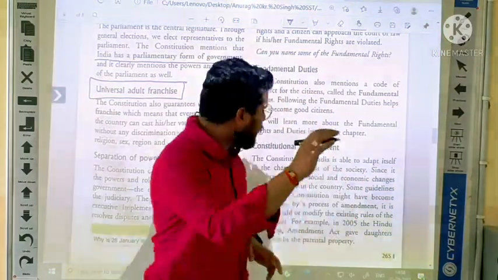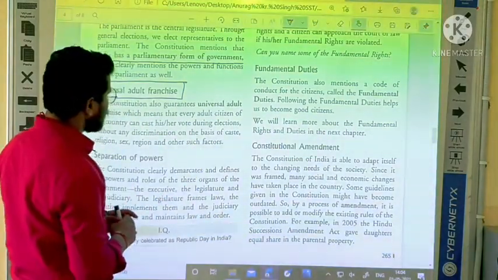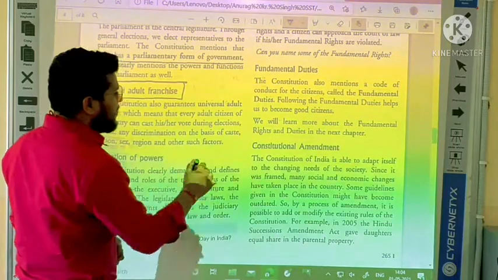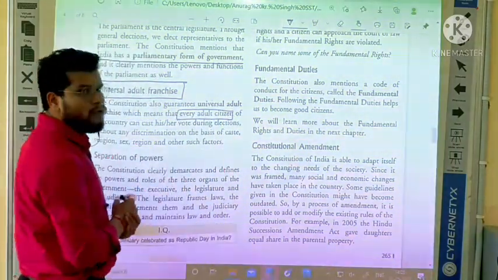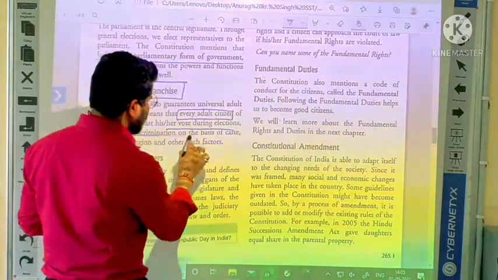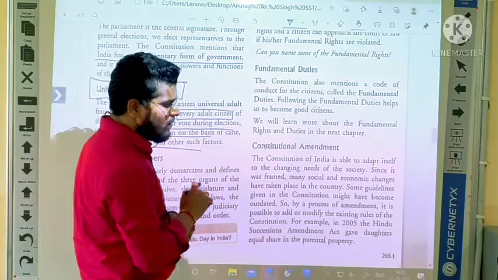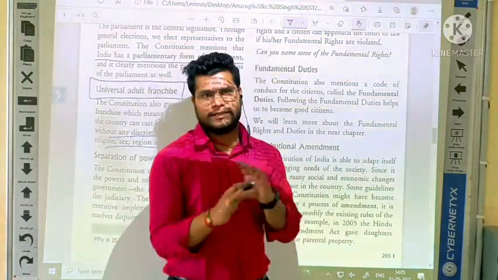So we can say that every adult citizen has the right to vote during elections without any discrimination on region, religion, language, etc.